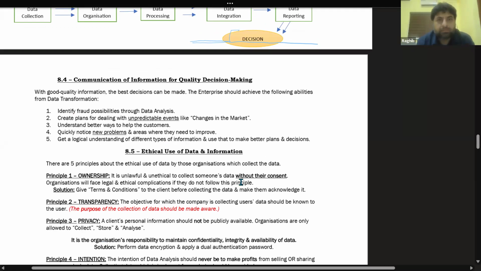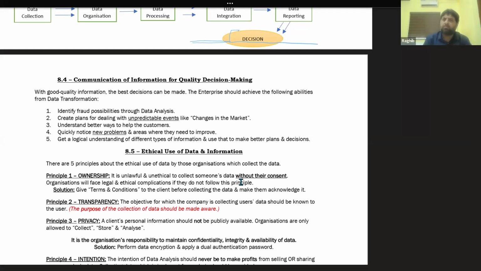Now, this is what we were learning. This is what I was trying to tell you about. So, what is the importance of using good data, the data which is of good quality?